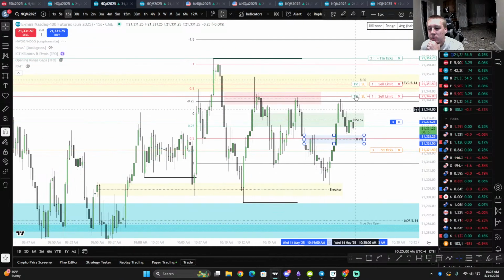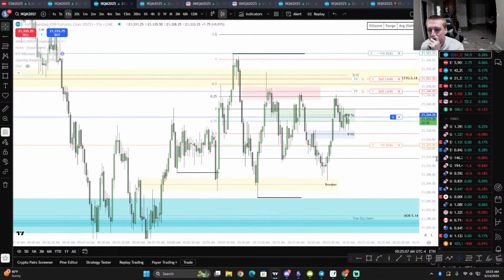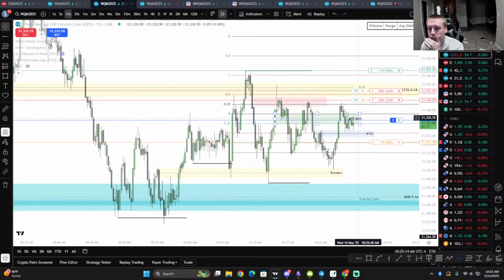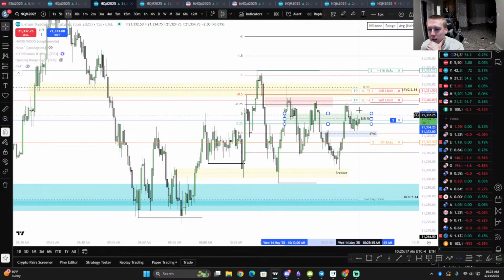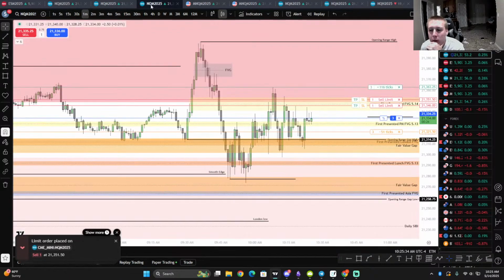I want to see expansion within the next 2 candles. This buy side should hold, but it's looking like we might want to trade back down. Yeah, I don't like that candle. I want to see expansion. Yeah, I don't like that wick on that candle. Looking above, coming back down.